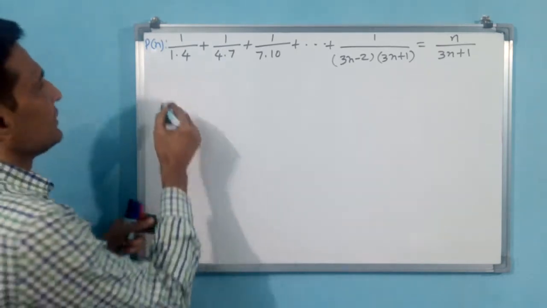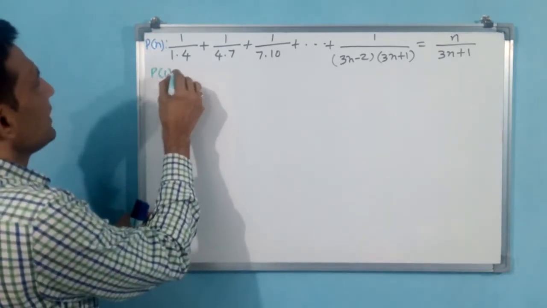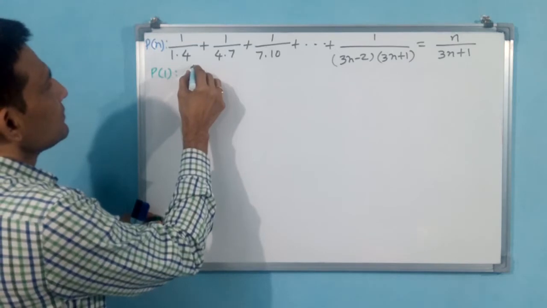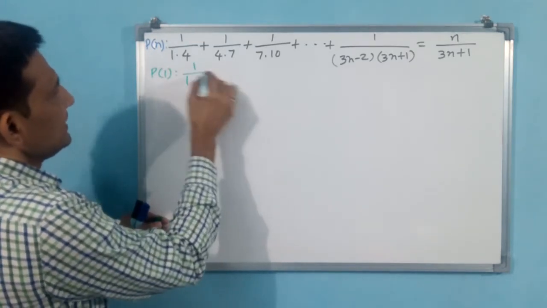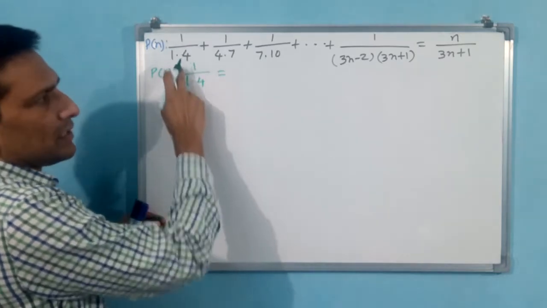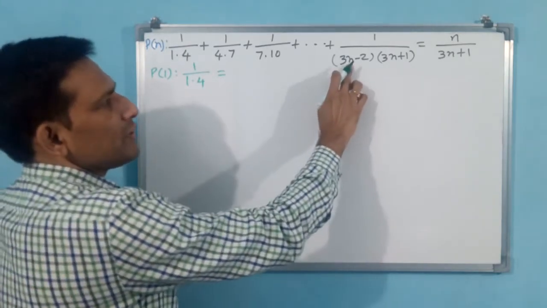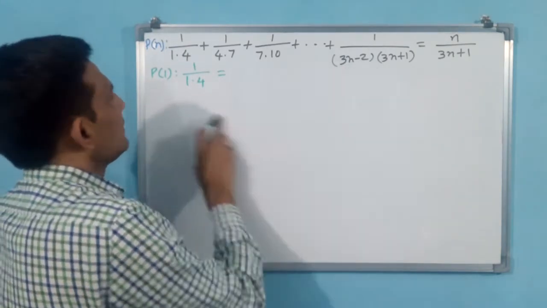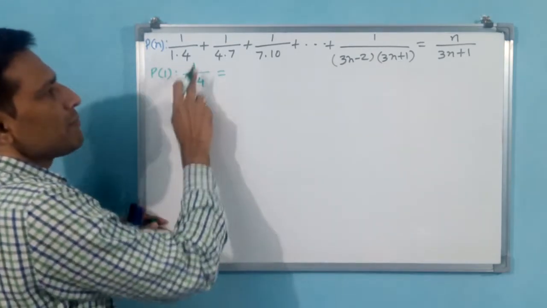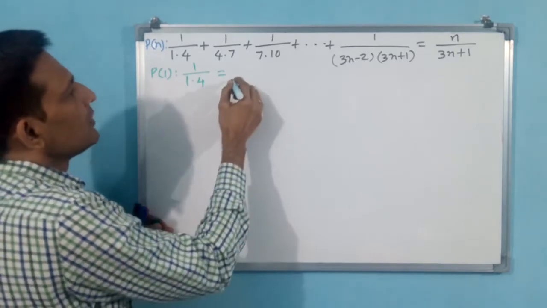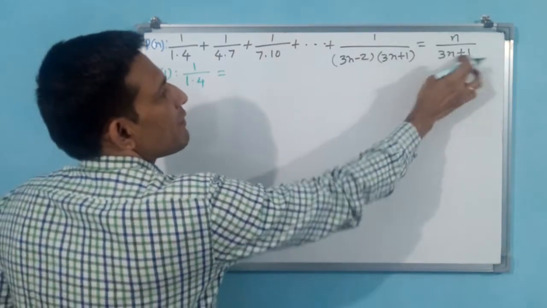Find P of 1. First, blindly you can take; or if you have any doubt, you see 3 into 1, 3 minus 2, 1. 3 into 1, 3 plus 1, 4. 1 by 1 into 4, 1 by 4. Here also 1 by 4.